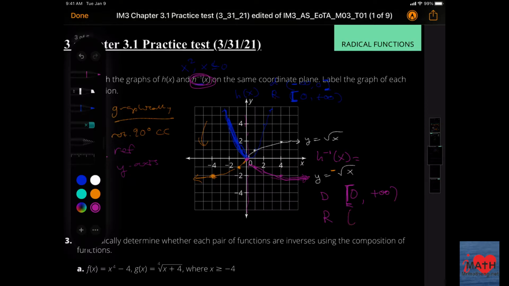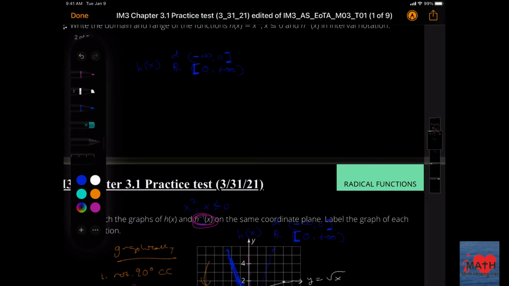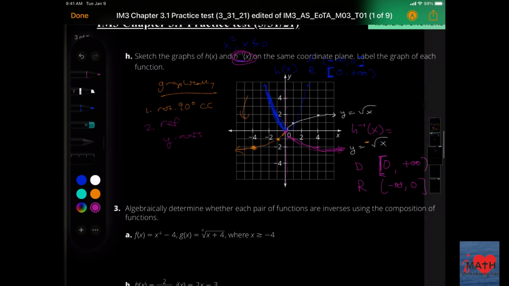So negative numbers to 0. Paste, come on. There you go. This one is the inverse of h of x. Okay, and then we already graphed h.